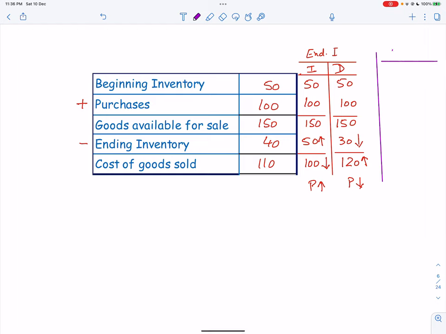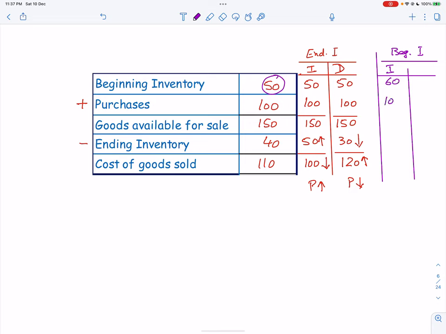So we have now beginning inventory, and let us see what happens. First of all, let us assume that the beginning inventory increases from 50 to 60.